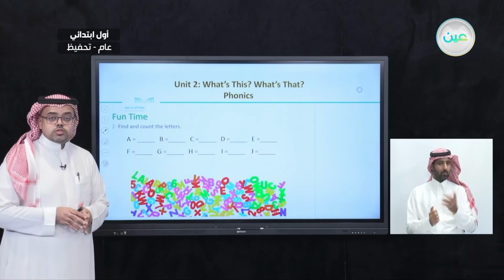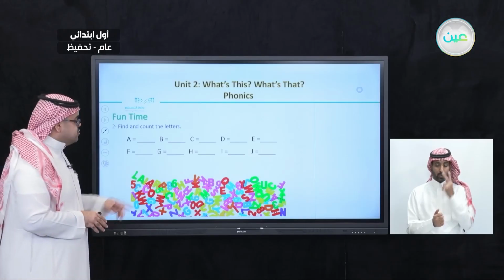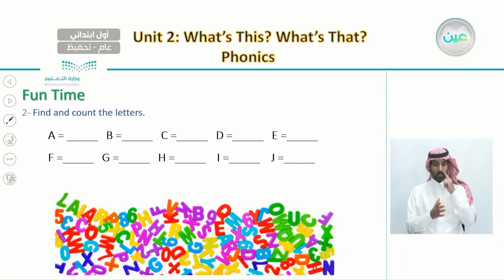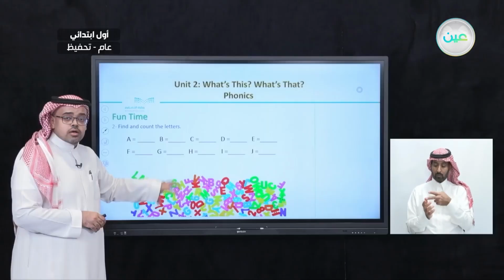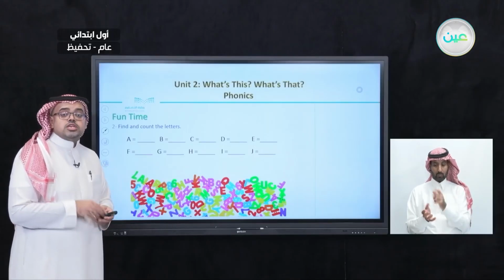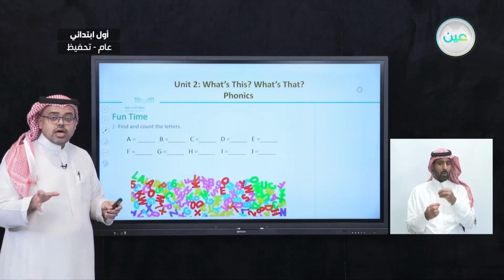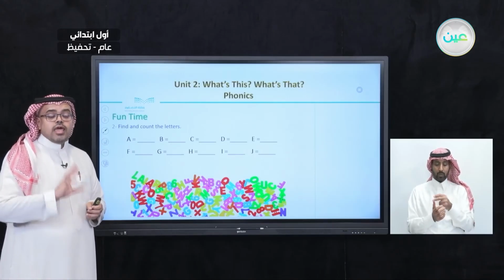What you need to do is to find letters from A to J. So here we have letters A, B, C, D, E, F, G, H, I, J. And you can see them here in these scrambled letters. Just tell me how many times can you see letter A?